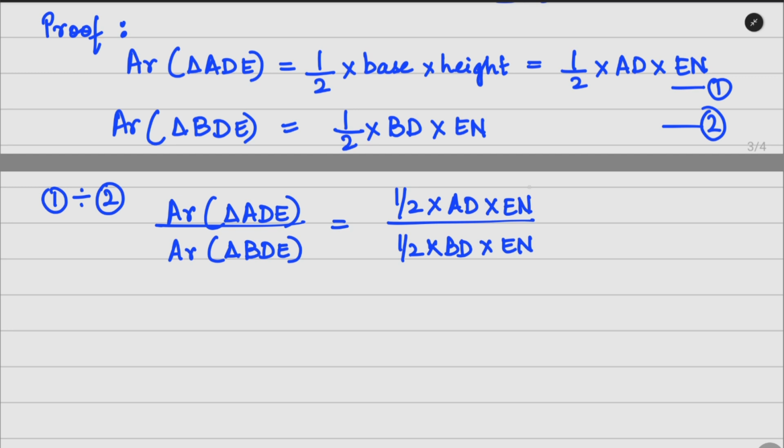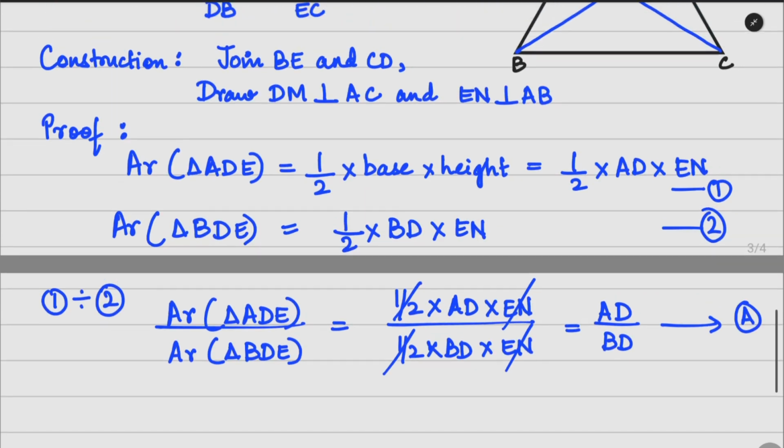Here EN gets cancelled, half gets cancelled, so this is nothing but your AD by BD. Let this be equation A. So we have finished one side of it.